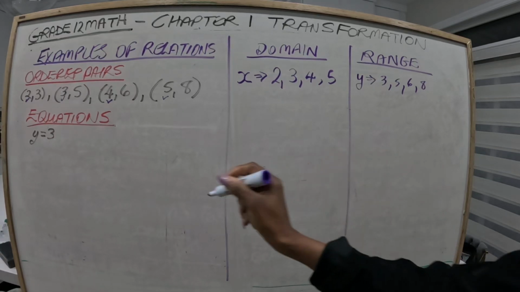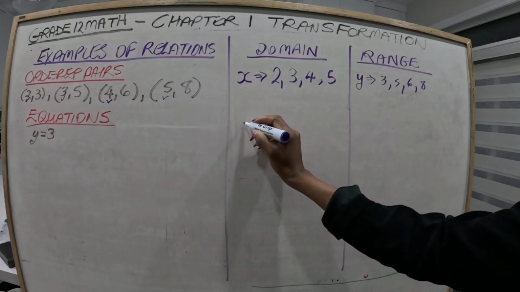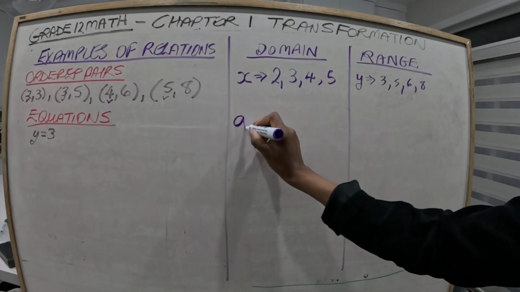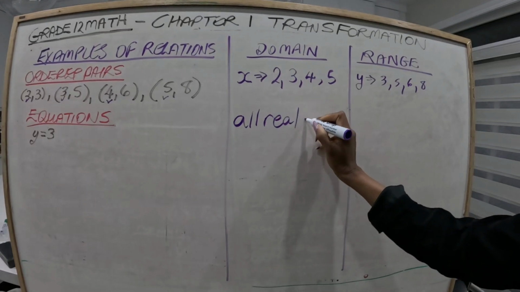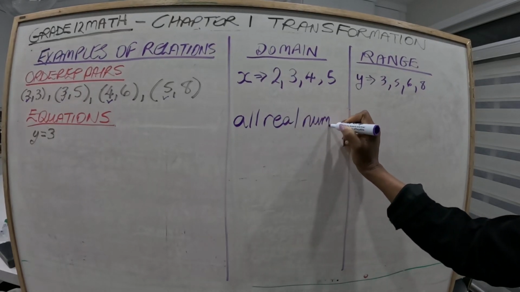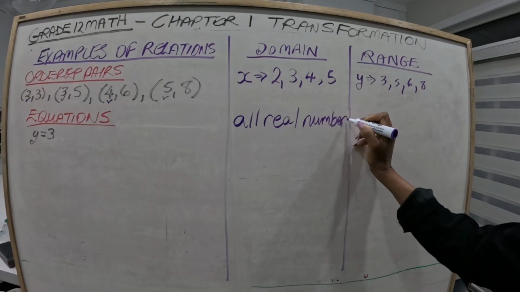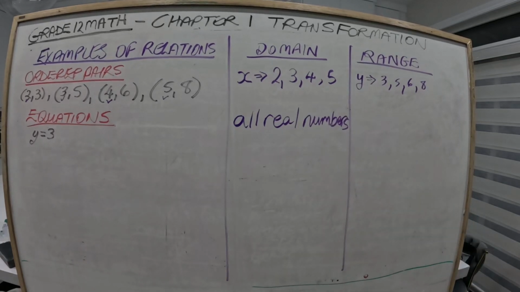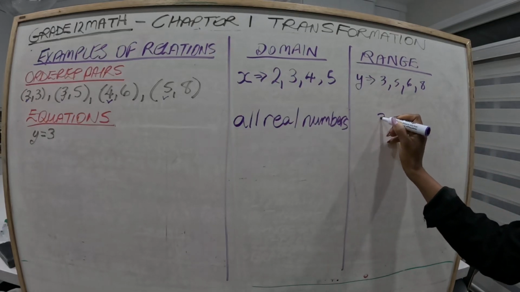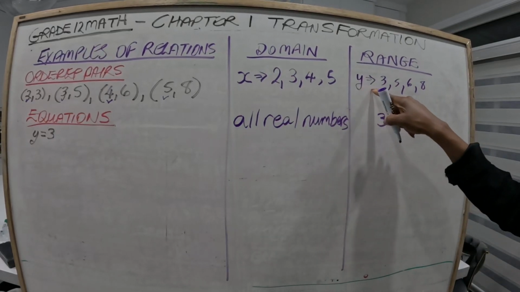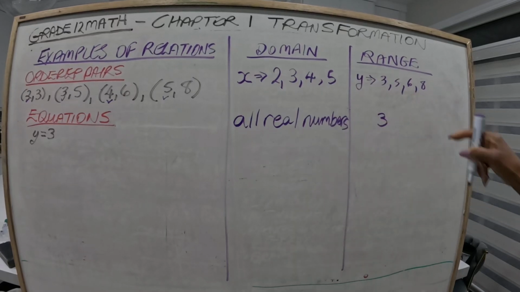The domain, based on this equation, is all real numbers. That's the domain. Simple as that. And the range is 3, because remember, range is always the y value.